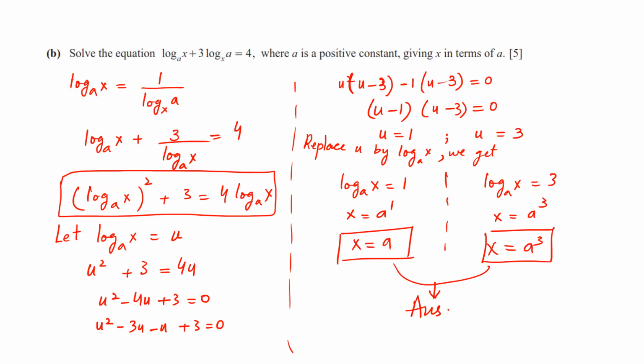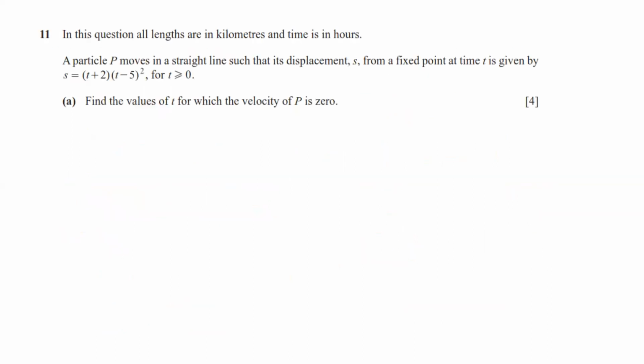So moving ahead, question number 11, the last question of this exam. In this question, all the lengths are given in kilometers and time is in hours. The particle P moves in a straight line such that the displacement S from a fixed point at time t is given by S equals (t plus 2)(2t minus 5) squared for t greater than 0.